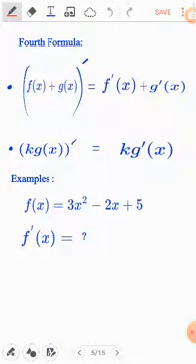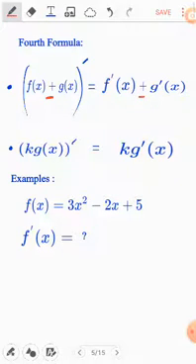The fourth formula: the derivative of f of x plus g of x is the derivative of f plus the derivative of g. f of x plus g of x prime is equal to f prime of x plus g prime of x. Also, f of x minus g of x prime is equal to f prime of x minus g prime of x.